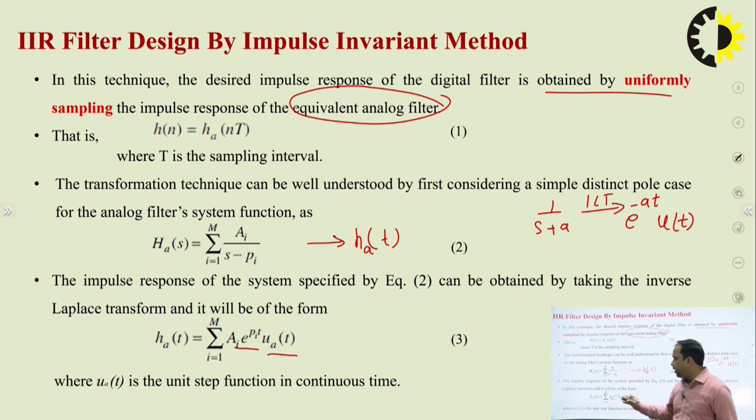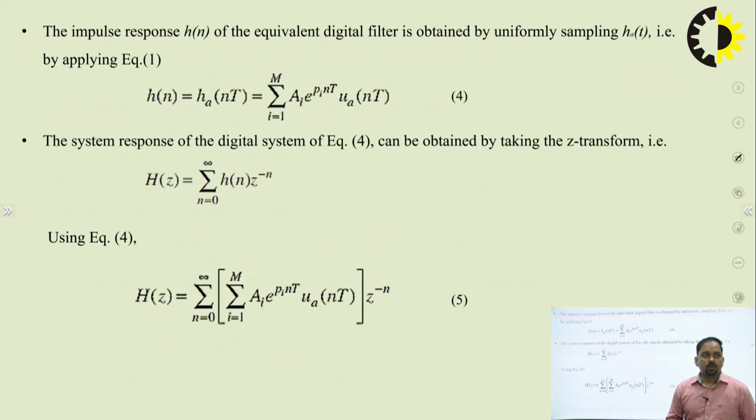So instead of t in this equation number 3, we'll be replacing it with nT and converting this analog filter into the digital domain. The impulse response h(n) can be obtained by taking uniform samples. In equation number 4, h(n) equals ha(nT), since instead of h(t) we put t equal to nT in the last equation.